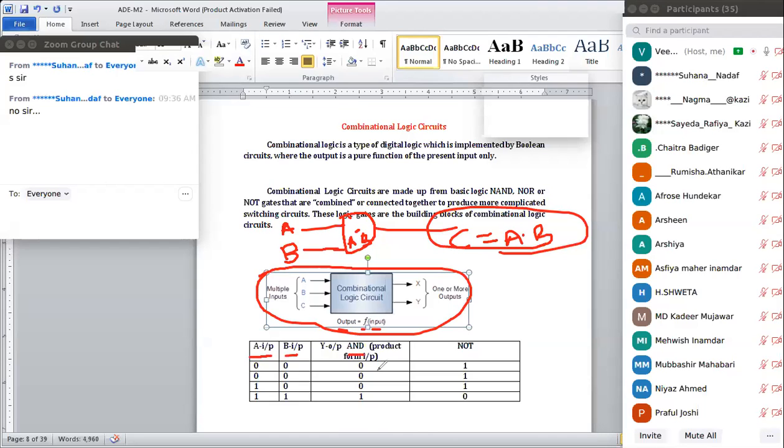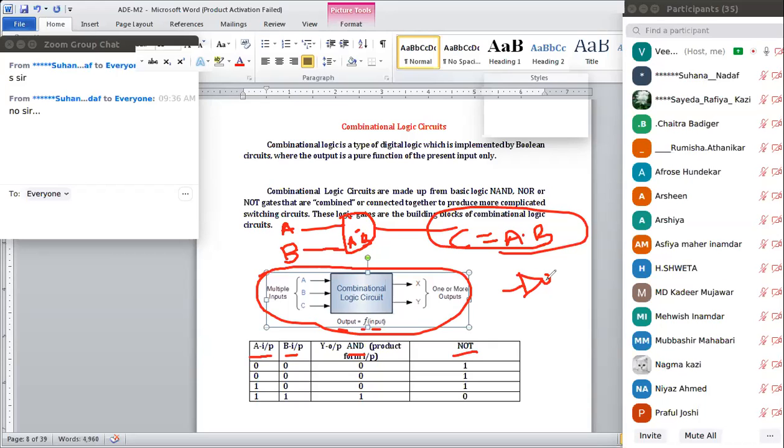Okay, so here A is input, B is input. AND function is there and NOT function is there. NOT function has only a single input.